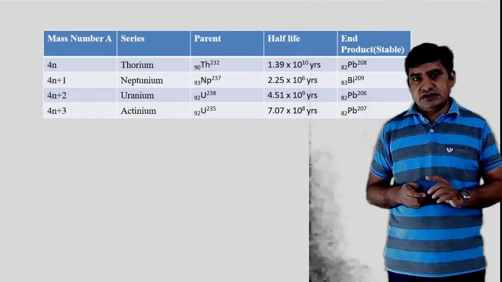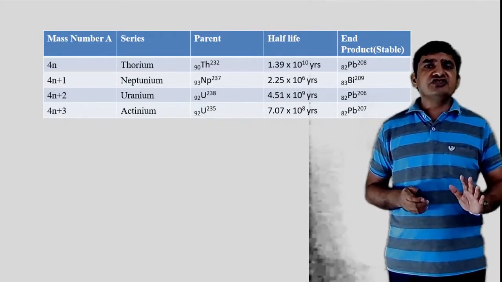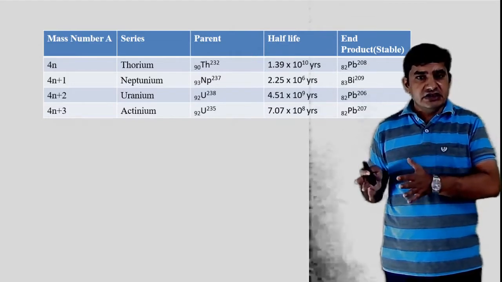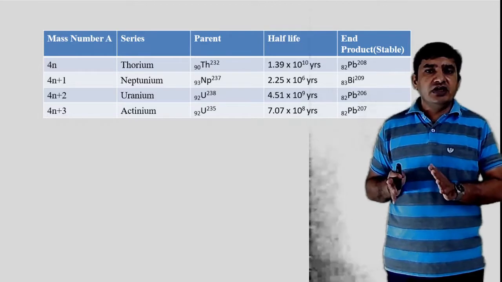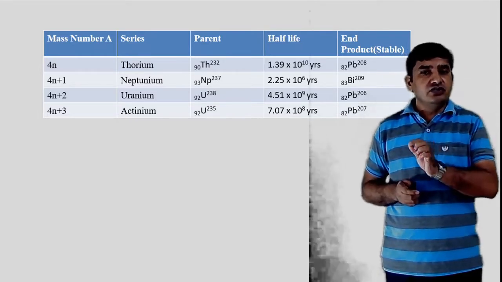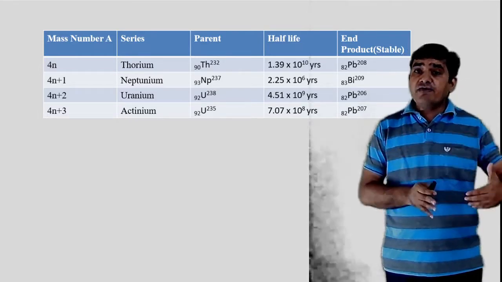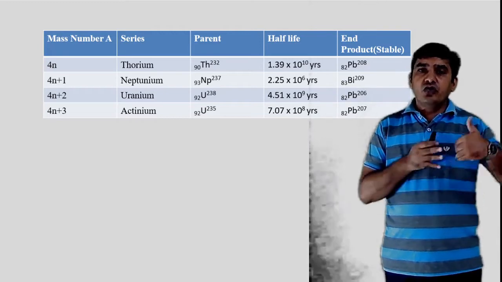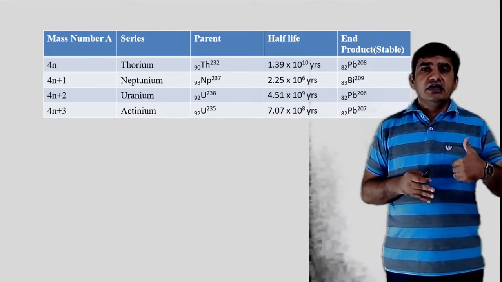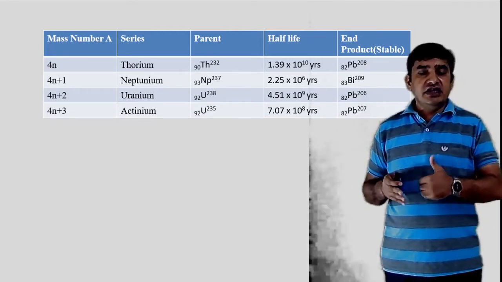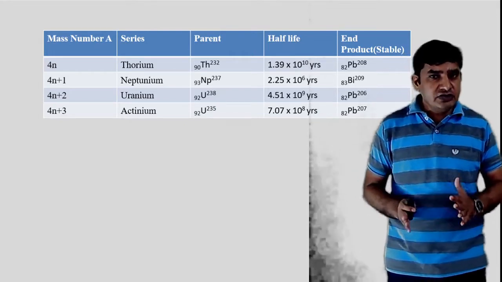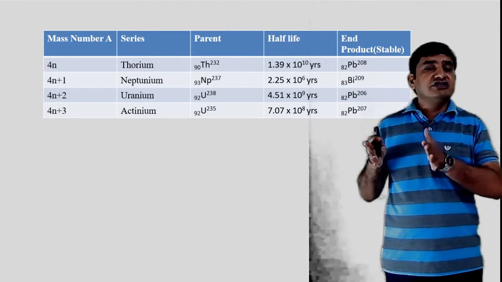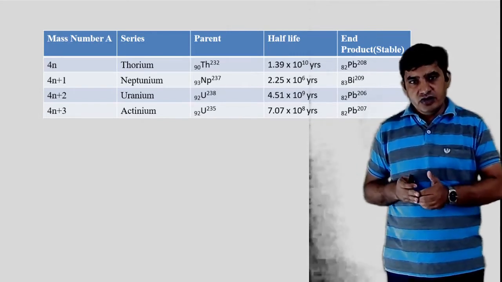First, the 4n series. The thorium series is a 4n series in which the parent atom is thorium 232. The half-life of thorium is 1.39 times 10 to the power 10 years, that is the time required to disintegrate half of its original value.